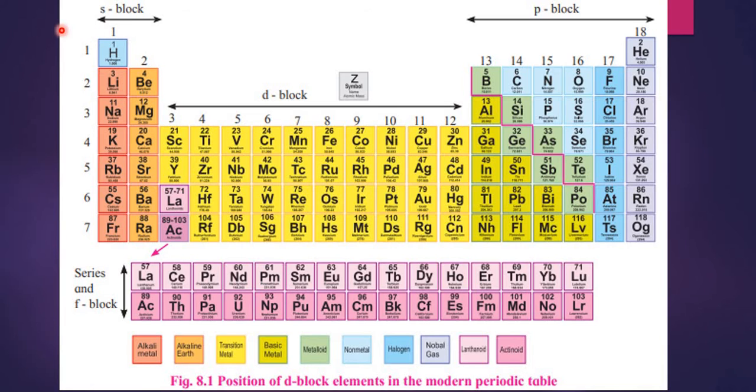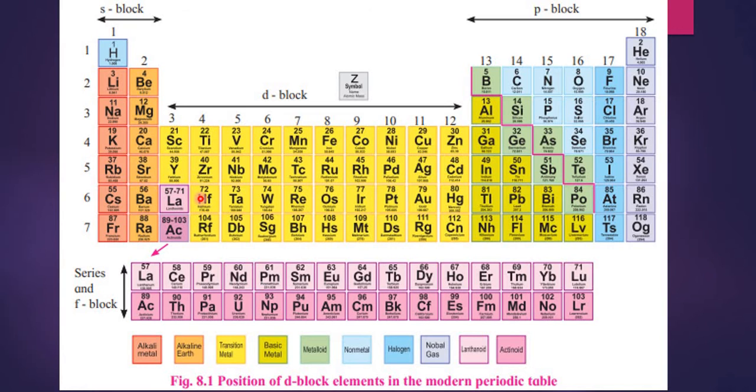Now this is the modern periodic table, and this is the exact location of d block elements. This is group number 3 to group number 12. A total of 10 groups constitute the d block elements. These are period numbers 4, 5, 6 and 7, and this series is the 3d series.